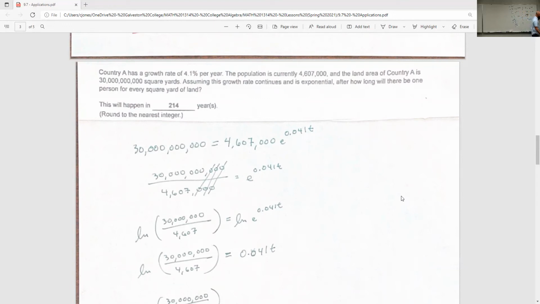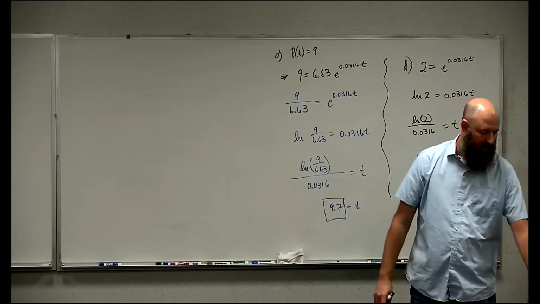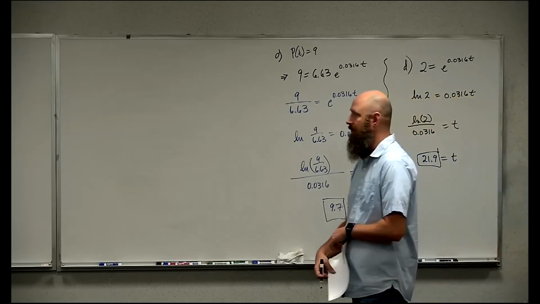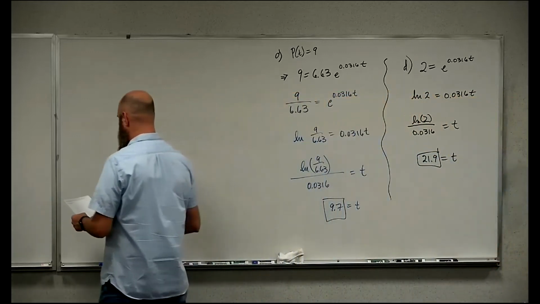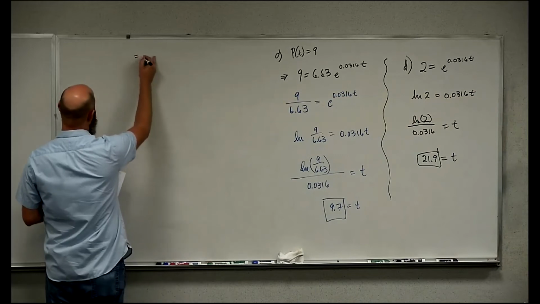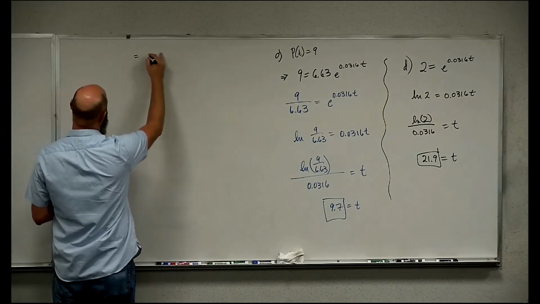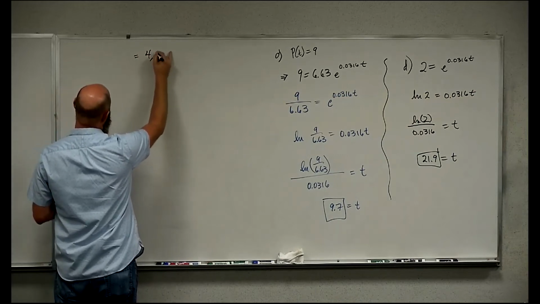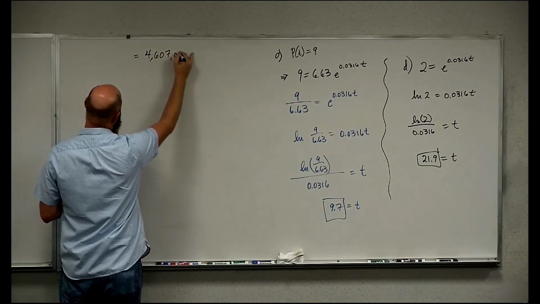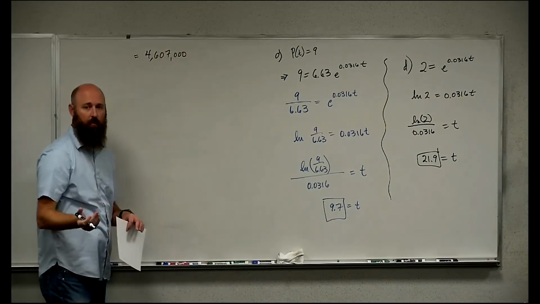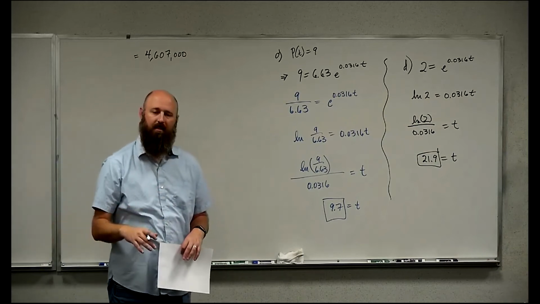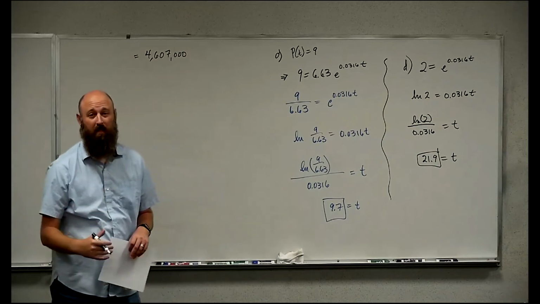So let's look at those. Right. Now our starting amount is what we have right now. And so that is 4,607,000. I'm going to put commas just so that I can see everything, knowing that we don't put commas in the calculator. But this is a really, really big number.